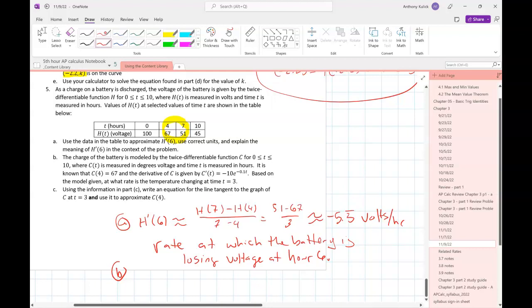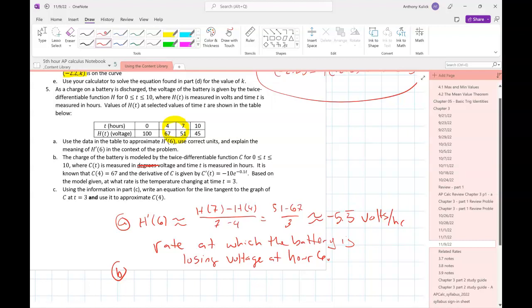Part B says the charge of the battery is modeled by the twice differentiable function C for time 0 to 10, where C of t is measured in voltage. I think it's just in voltage. And time t is measured in hours.